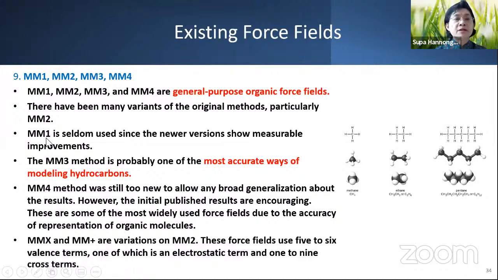MM1 itself is very seldom used, since the newer versions show measurable improvements. Okay, this is the way molecular mechanics has been developed from generation to generation, and the latest version would be better than the former one. This is simple. And the MM method is probably one of the most accurate ways of modeling hydrocarbons.